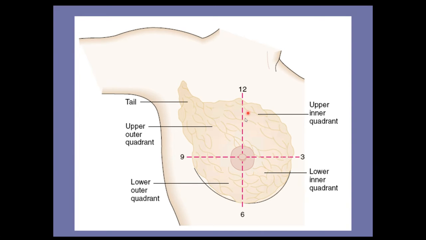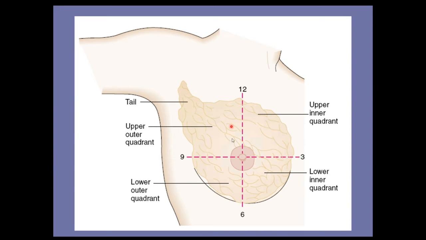We can localize it and explain it to some other person, for example, there's a mass in the upper outer, upper inner, lower outer, or lower inner quadrant. Or this area is the retroareolar region. This is the areola. Behind this, if there is any mass, we can label it as a retroareolar mass.